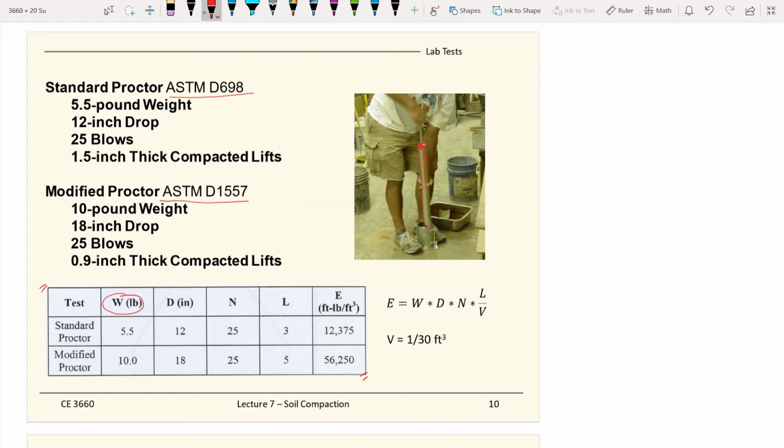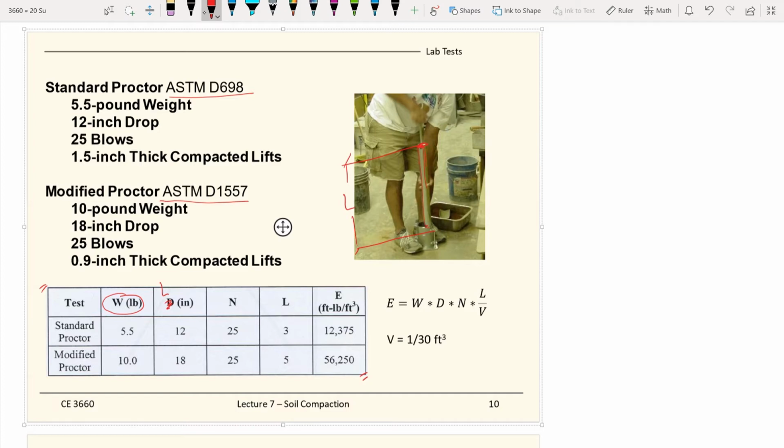And the length, this is supposed to be length, not the D. The length of the standard Proctor is 12 inches, and the length defines how high each hammer stroke is when pounding on the soil. The standard Proctor is 12 inches, and the modified Proctor has much longer strokes, 18 inches.